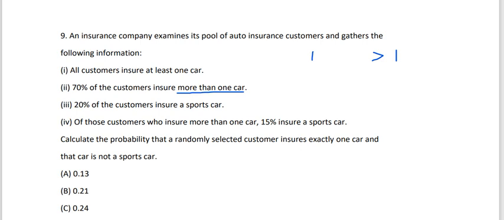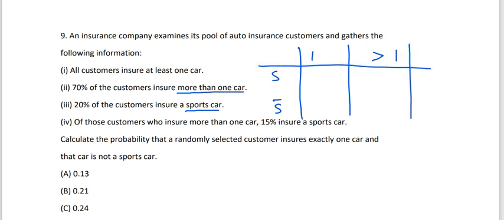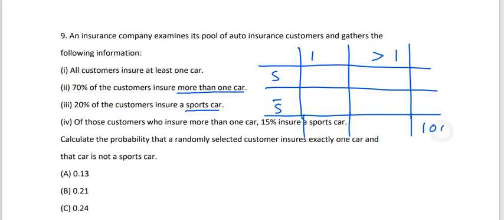So here's the number of cars. The other one is for type of car. Some cars are sports cars, some cars are not sports cars. So we can split all by these 2 factors. Suppose we're talking about percentage, so I put 100 here, totally 100.